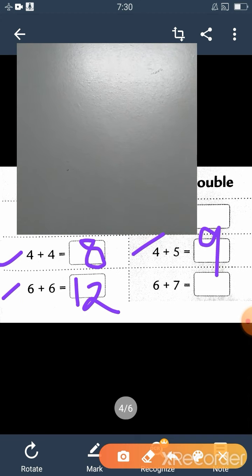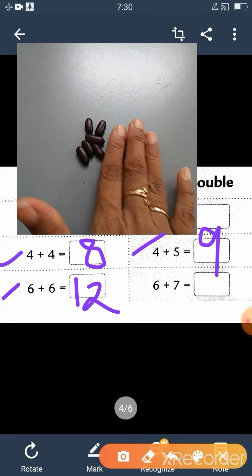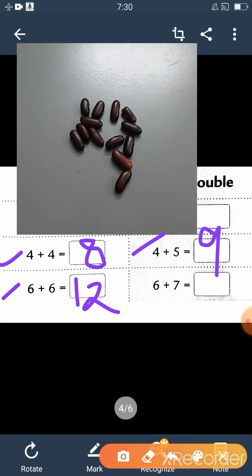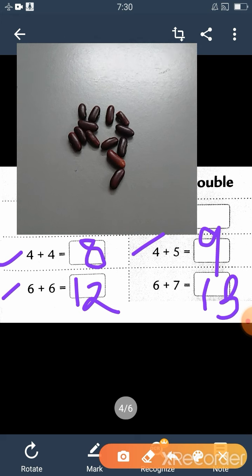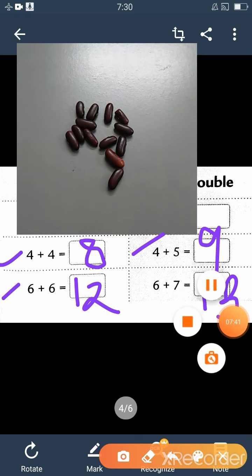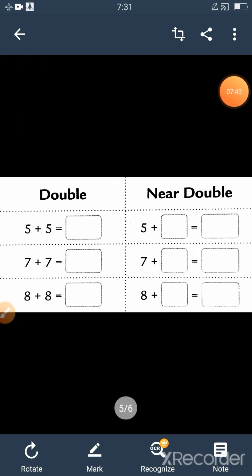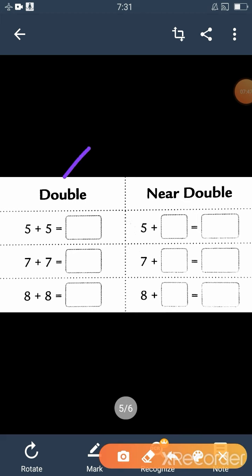So I am taking 6 here and I am putting 7 in that. So see here, 6 plus 7 will be 13.